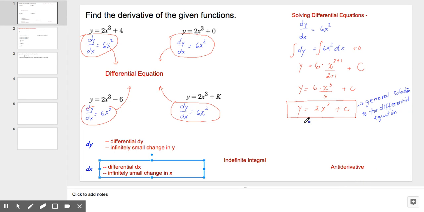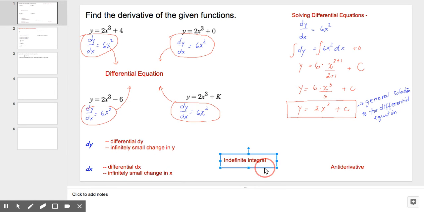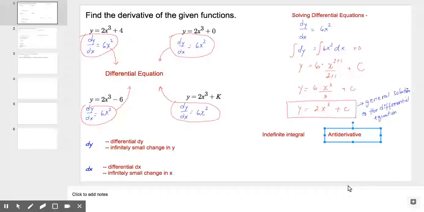Okay. And this solution is also called the indefinite integral of the differential equation, or we can call it the antiderivative. Okay.